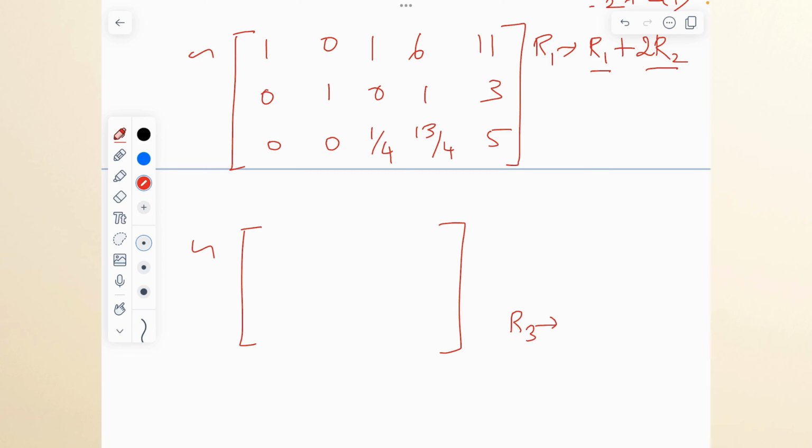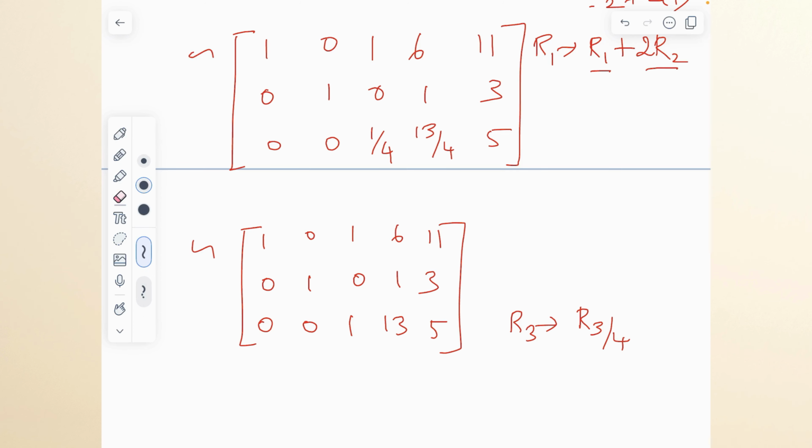The third row, R3 by 4, so 0, 0, 1, 13, 5. Write the second row as it is, and even the first row as it is: 1, 0, 1, 6, 11. Alright, fine. So we have got nearly to the unit matrix.